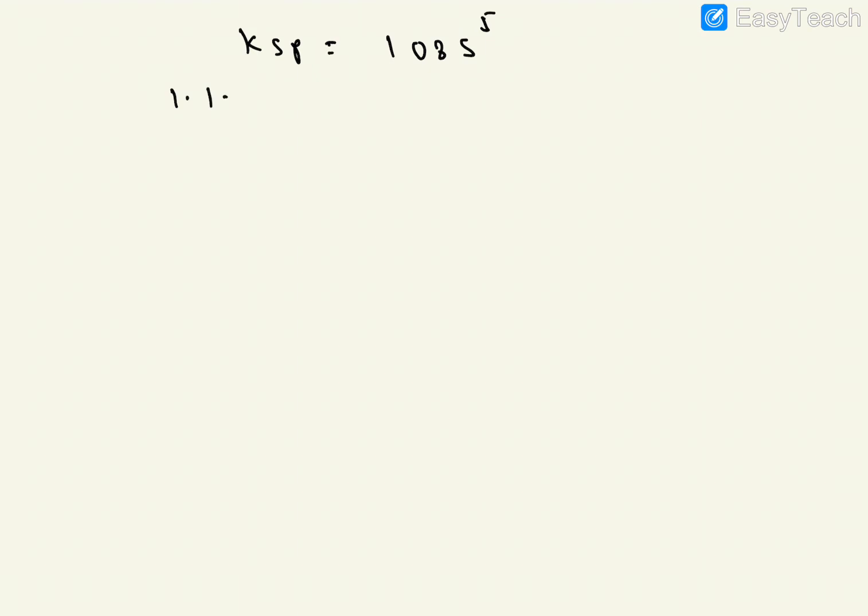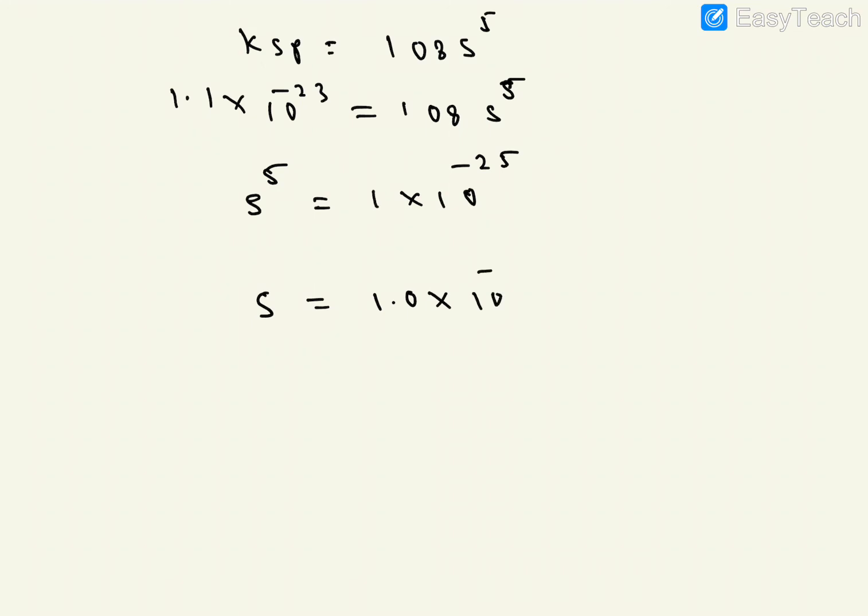So 1.1 into 10 to the power of minus 23 is equal to 108 s⁵, and we have to find out s. Finally we get s⁵ equal to 1 into 10 to the power of minus 25, and s is equal to 1.0 into 10 to the power of minus 5 moles per liter.